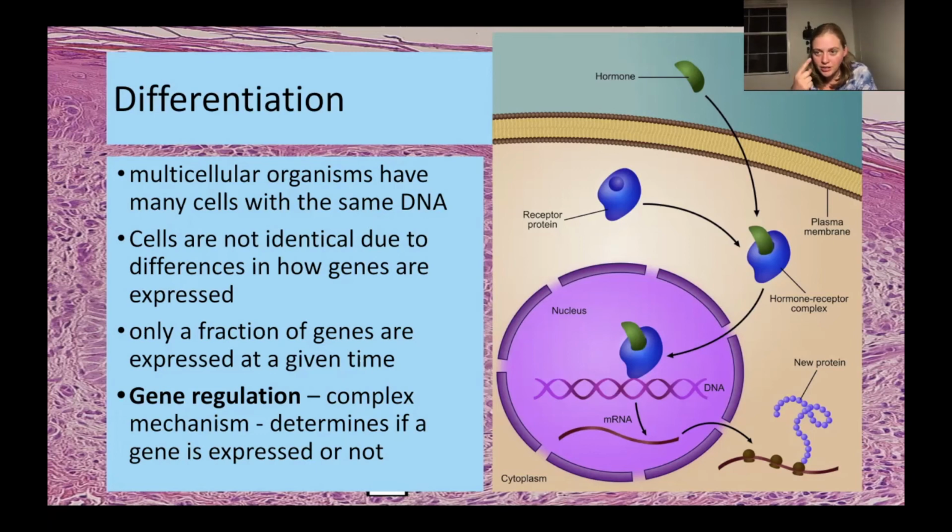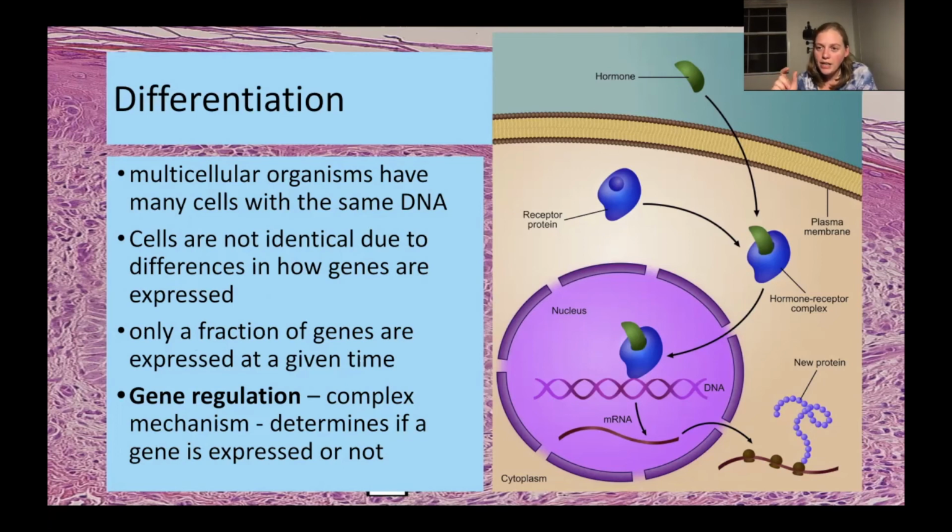So why do your eye cells look different than your heart cells and do different things? Well, they're not going to be identical in how they express these genes. Only a fraction of the genes in that DNA segment are going to be expressed in a certain type of cell. For example, your eyes need to detect light.